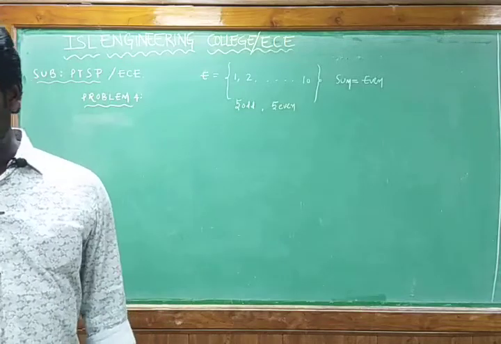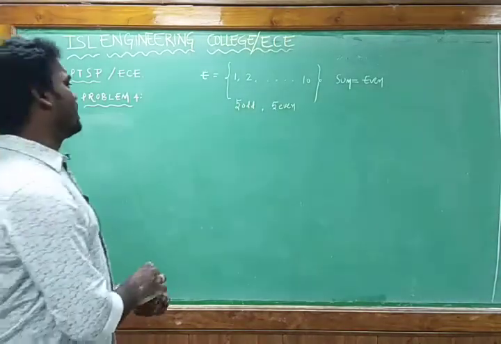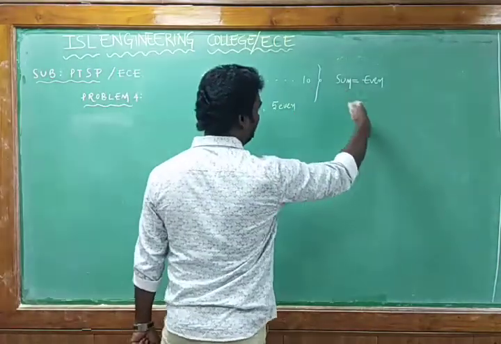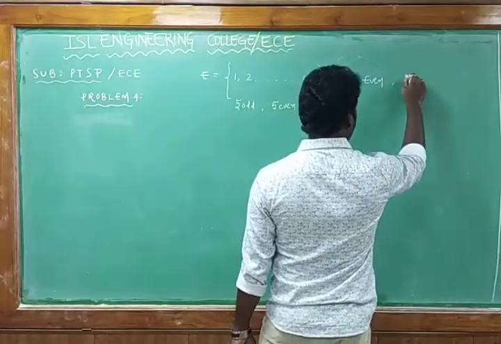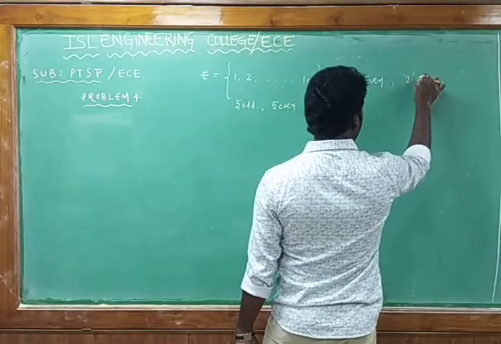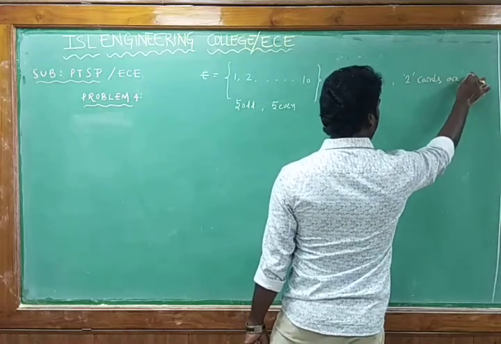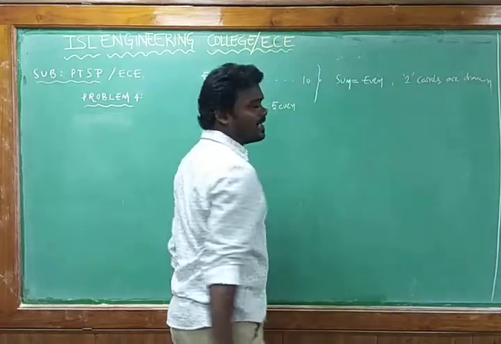The question is that the 2 cards are drawn together. We have to find the probability that the sum is even. If we draw the 2 cards together, then what is the probability of getting the sum is even?